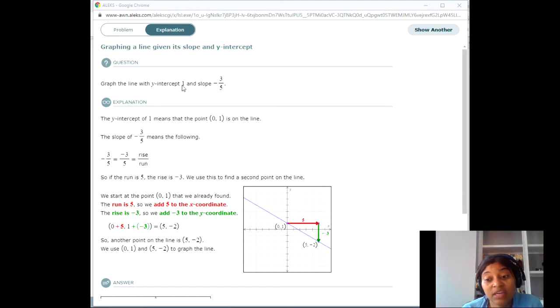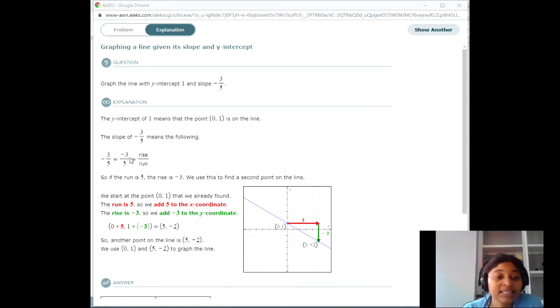So the x would just automatically be 0, because they're giving you y and they didn't give you x, so that simply means that x equals 0. Okay, and then we have -3/5, and we have the rise and the run. So the -3 is the rise, the run is 5.